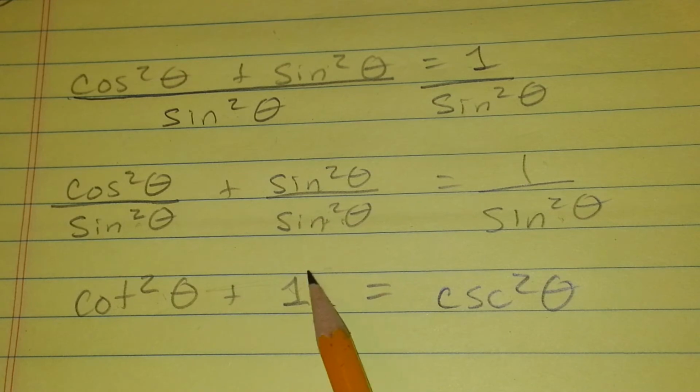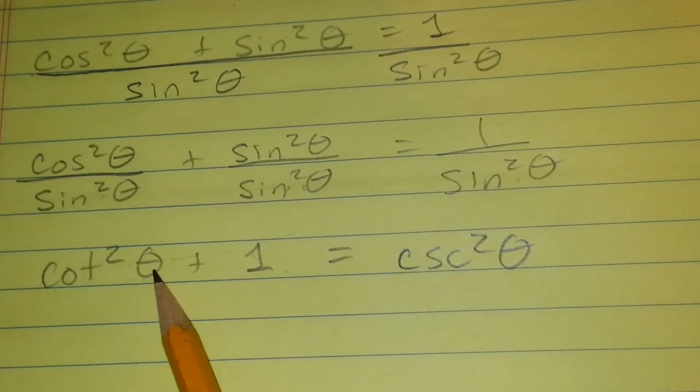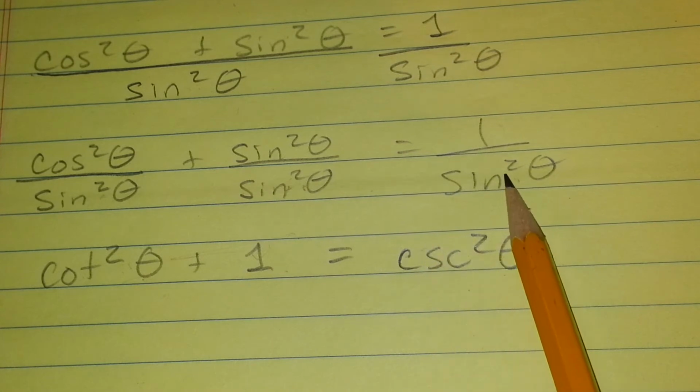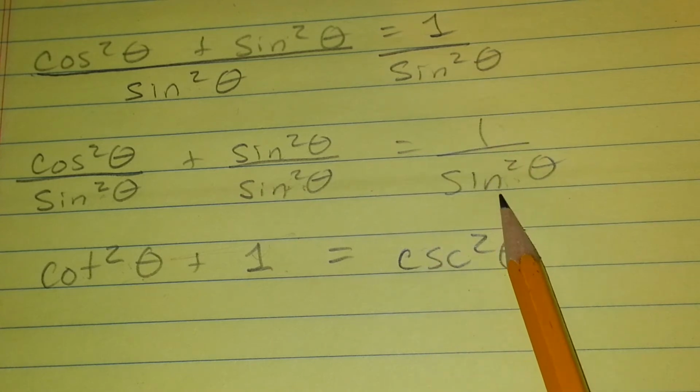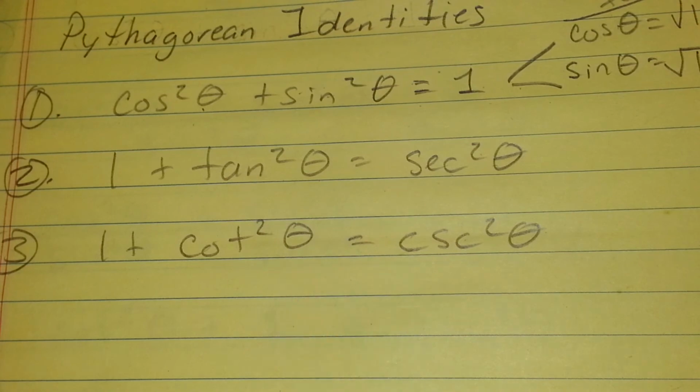It's a different order here, but that's our 1 plus cotangent squared theta equals cosecant squared theta. 1 over sine is cosecant, so that's cosecant squared. Remember those identities, flipping the page back. We just got them by dividing that original equation by either sine squared or cosine squared.